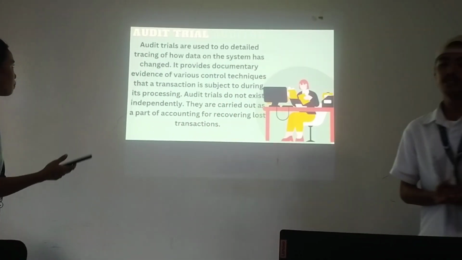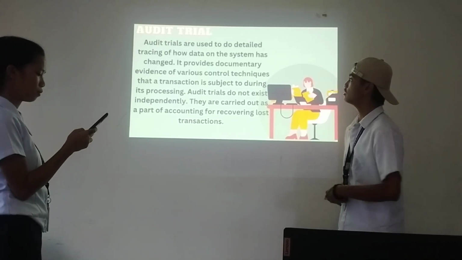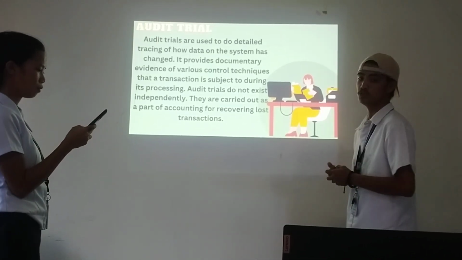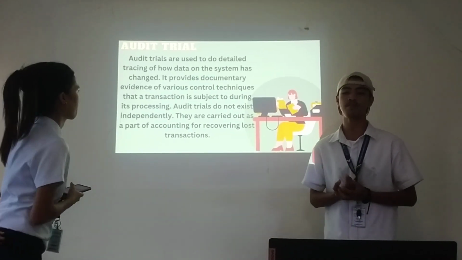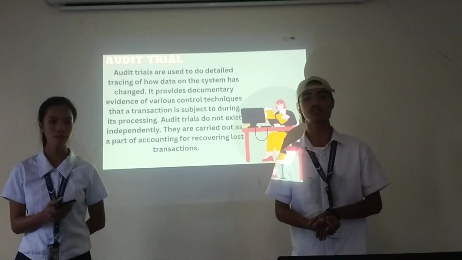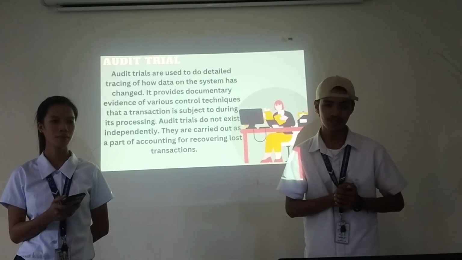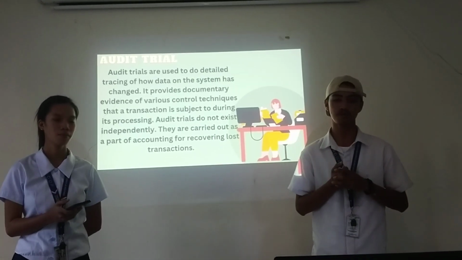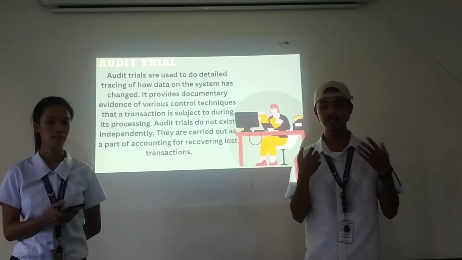We also have this audit trail. Audit trails are used to do detailed tracing of how data on a system has changed. It provides documentary evidence of various control techniques that a transaction is subject to during its processing. Audit trails do not exist independently.